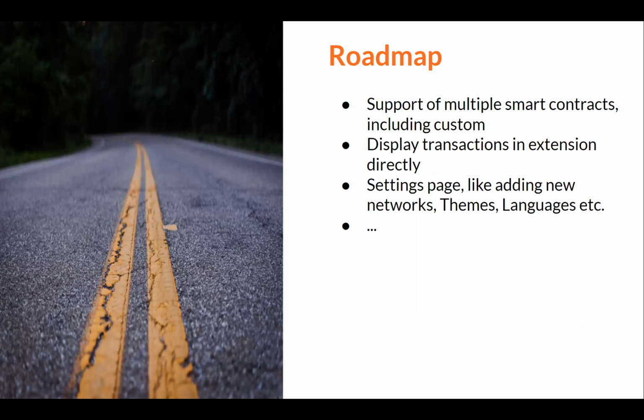At first, I didn't understand the full logic, but currently I have lots of ideas for how to improve it. I'm thinking even of adding the possibility to add custom smart contracts, support for all smart contracts, settings and so on. I have lots of ideas that I want to implement in the application.